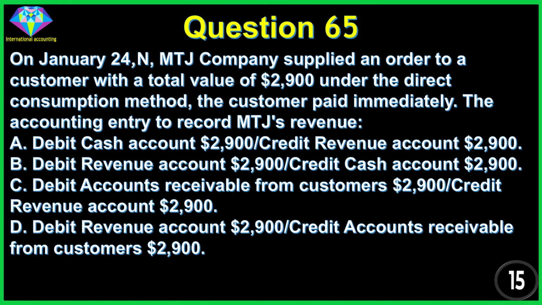B. Debit revenue account $2,900 per credit cash account $2,900. C. Debit accounts receivable from customers $2,900 per credit revenue account $2,900. D. Debit revenue account $2,900 per credit accounts receivable from customers $2,900.